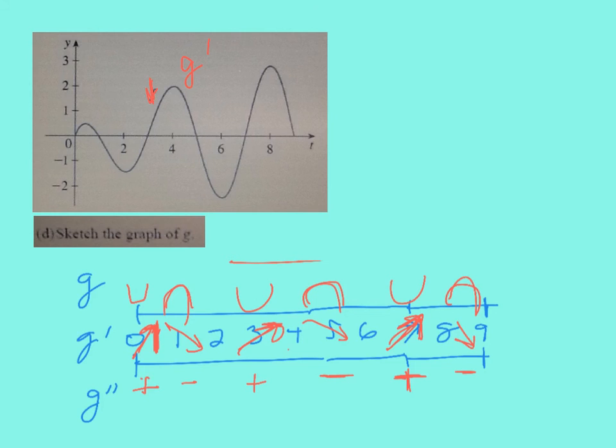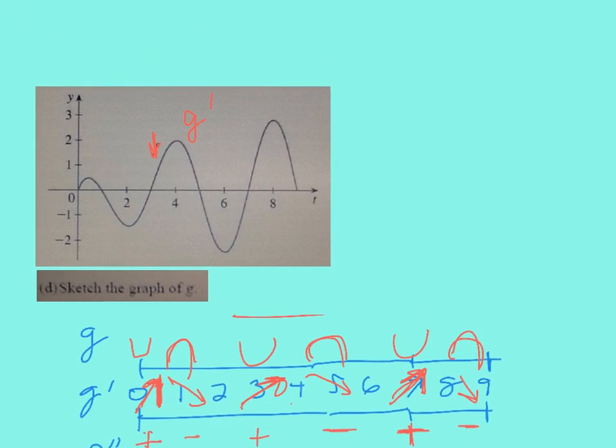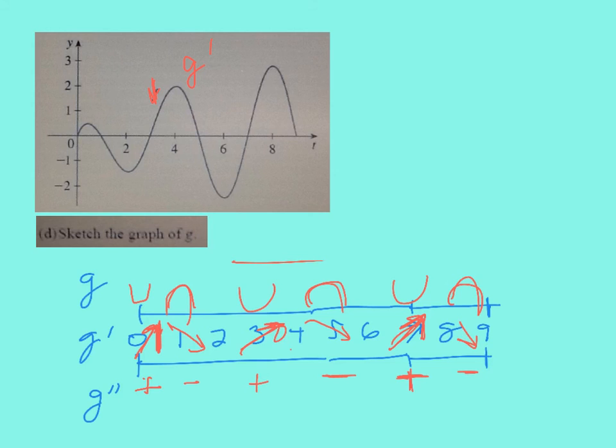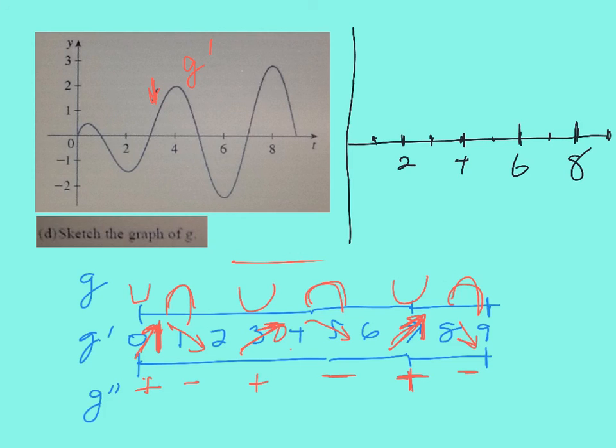So we got a lot of information here. So now if I want to sketch this one, let's sketch this. And I'm going to put in a few of our numbers here, and we'll do the same thing. We'll say there's 2, 4, there's 6, there's 8, and there's 9 out here at the end.